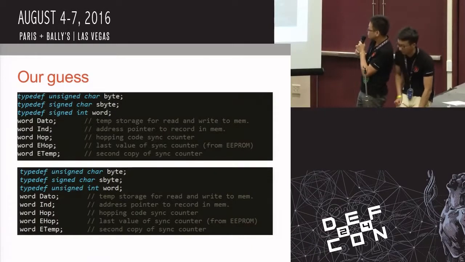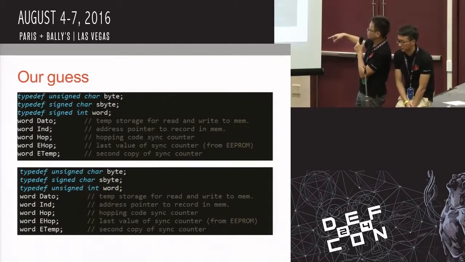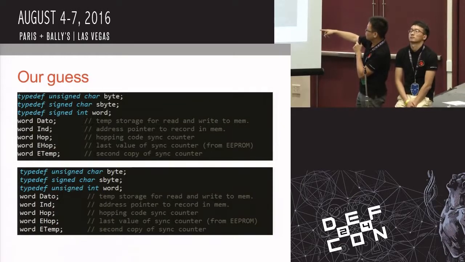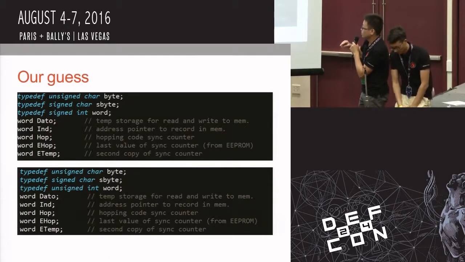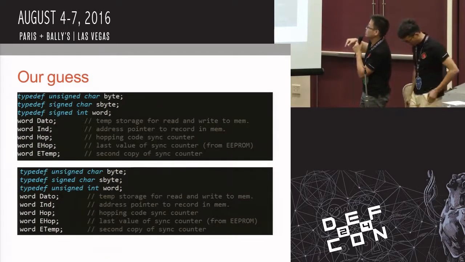The next picture is our guess: some mobile manufacturers define the word as unsigned. So we use two continuous signals to open a car.